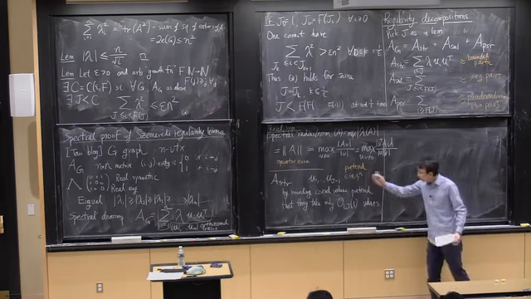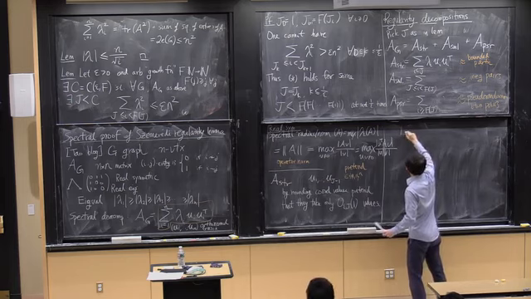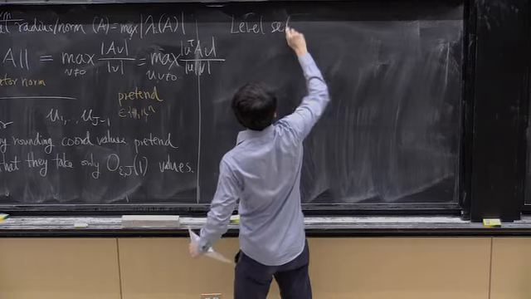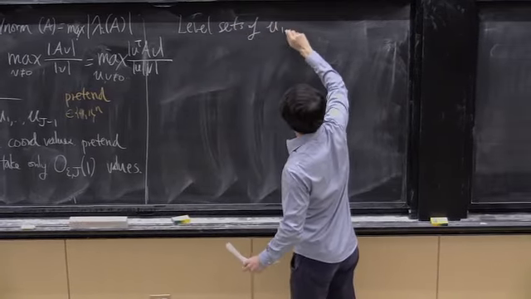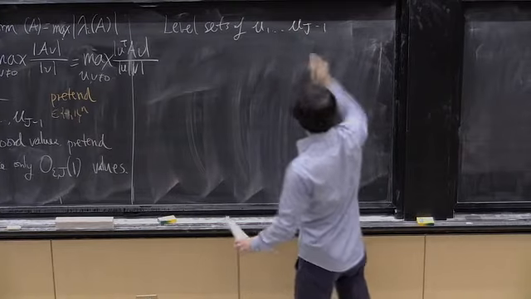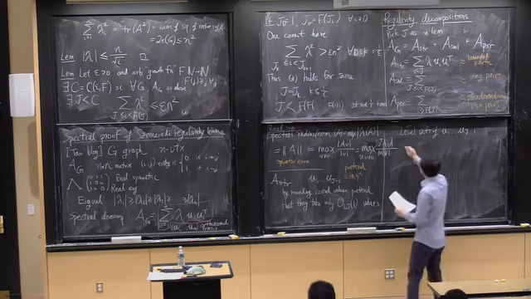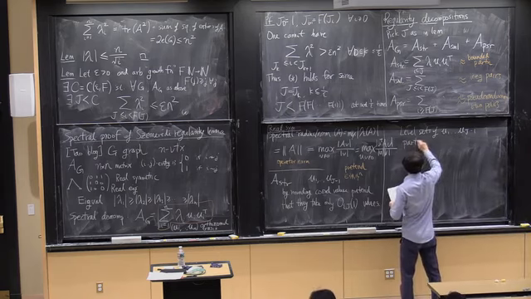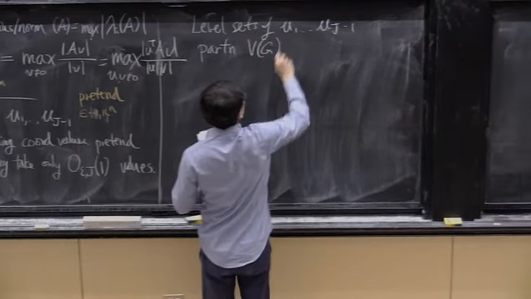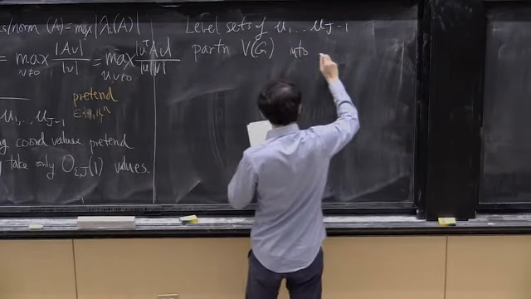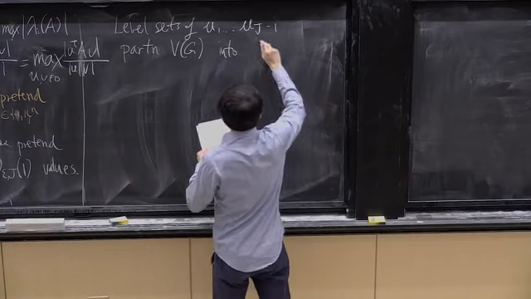Then the level sets of these top eigenvectors partition the vertex set into a bounded number of parts.